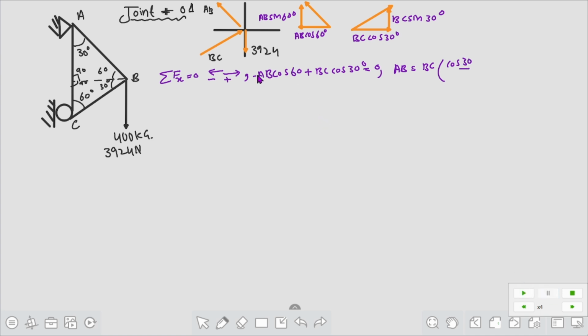So negative AB cos 60 degrees, because it is directed toward left, plus positive BC cos 30 degrees equals 0.